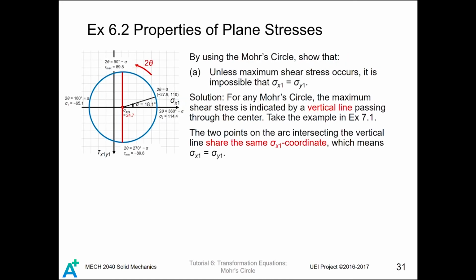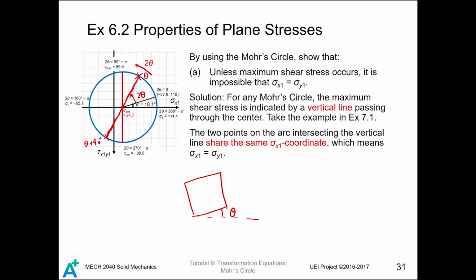Part A asks you to show that unless maximum shear stress occurs, it is impossible that sigma x1 equals sigma y1. So as you can see, very often we treat a stress element inclined at an angle of theta to be something like a line passing through the center touching the arc at 2 points. So it is 2 theta, okay? Then this is theta surface and this is theta plus 90 degrees.